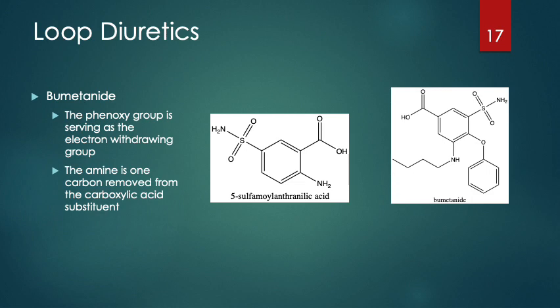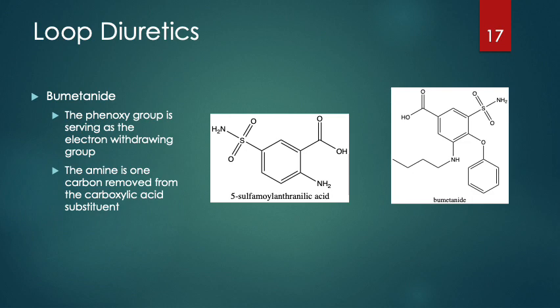Also a difference with bumetanide is the fact that the amine has been moved one carbon away from the carboxylic acid substituent. When you look at the 5-sulfamyl anthranilic acid, the amine and the carboxylic acid were actually very close together.